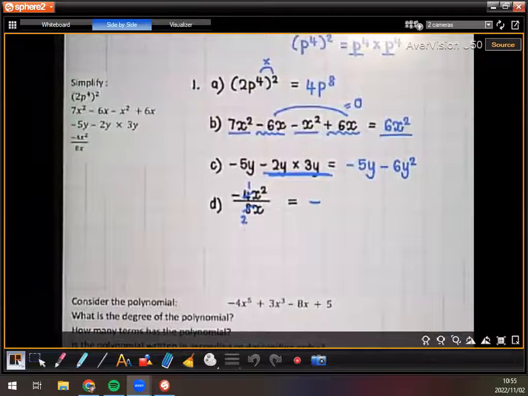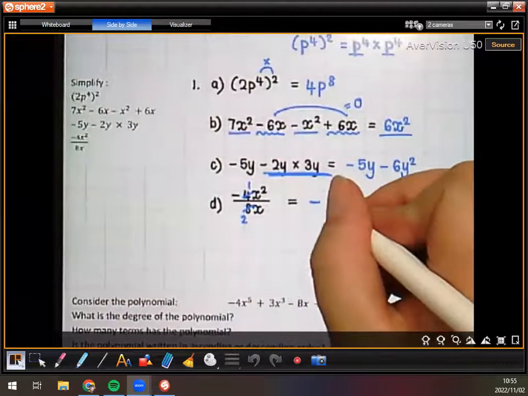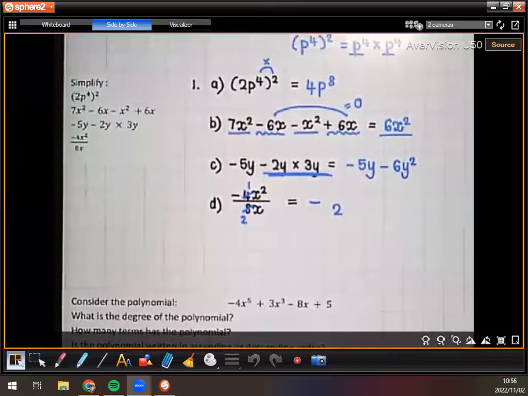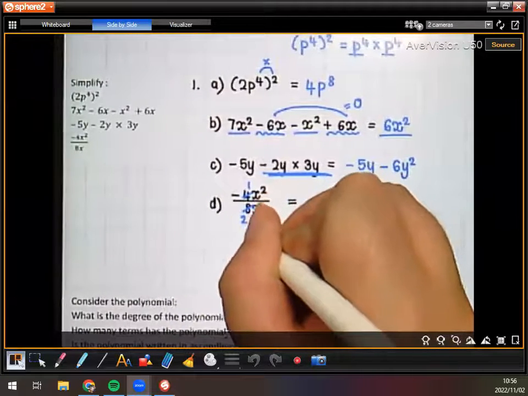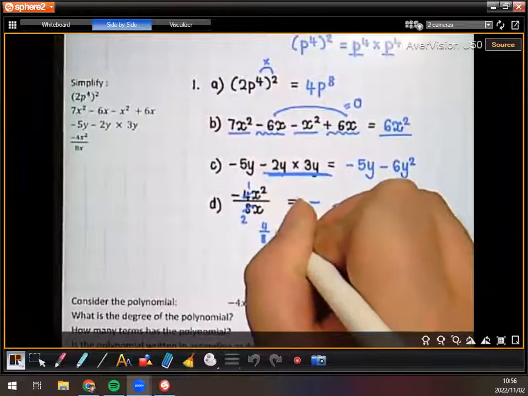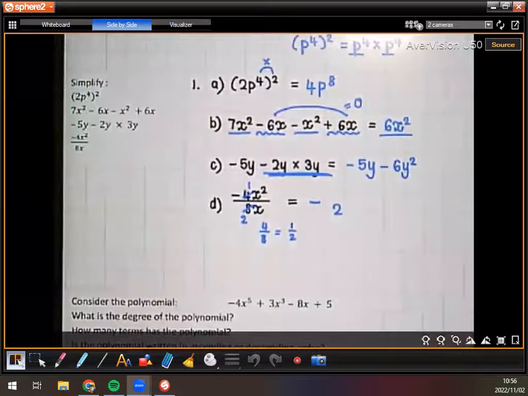So then I'm going to have a fraction with a 2 and possibly something else at the bottom of the fraction. Okay, the 1 would have to be at the top, but if there's something else at the top, then we don't have to write that one. Okay, you can maybe just put a little note here at the bottom. 4 over 8 is a half. Okay, so that's why I have a 2 there at the bottom.